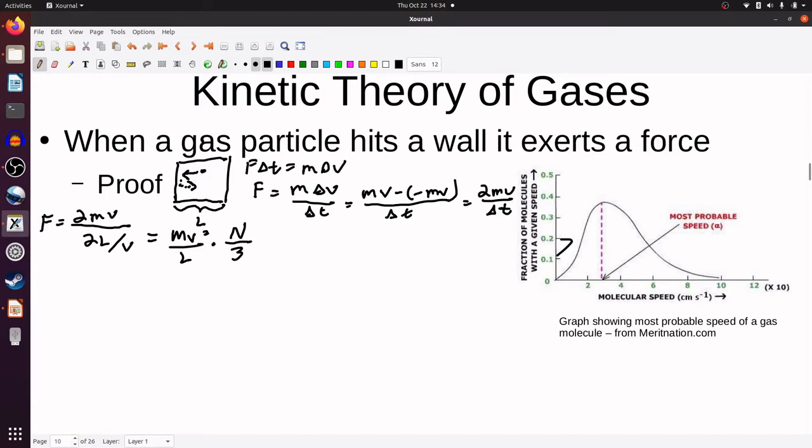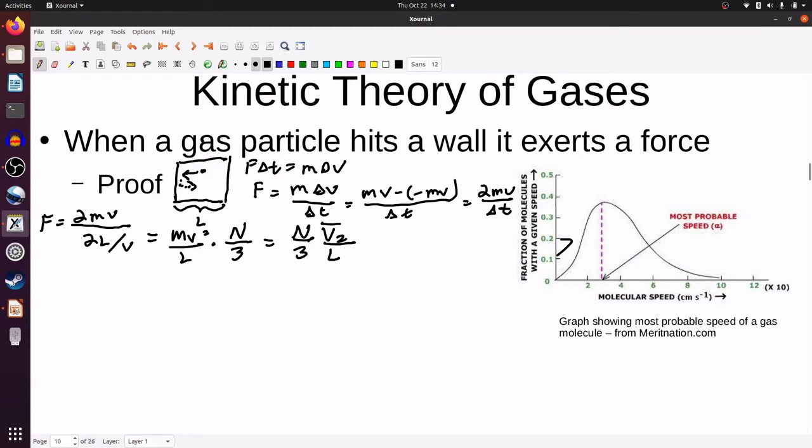So this is going to give me, and I'm going to take some liberties here, N over 3, then m v squared bar, more on that in a second, over L.